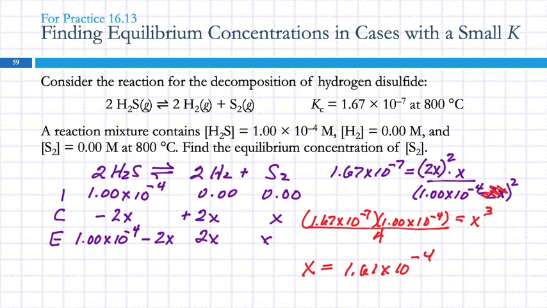This was down here and it was squared, and so that should have also been squared. I think that's going to make x even smaller, won't it?